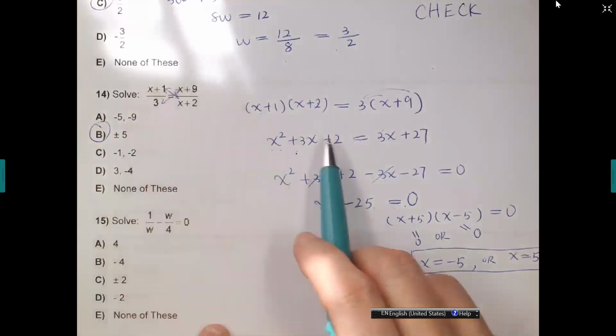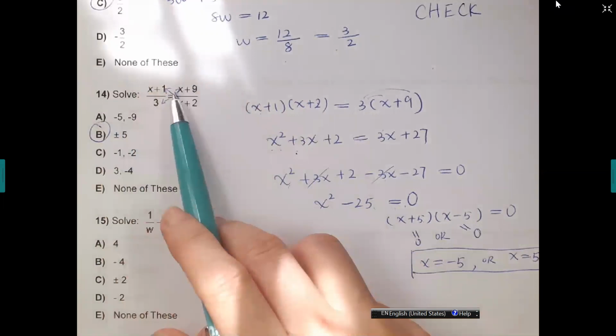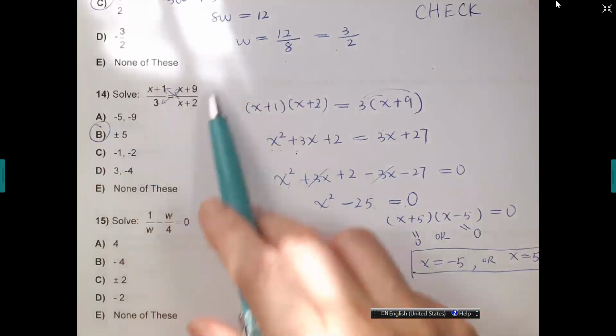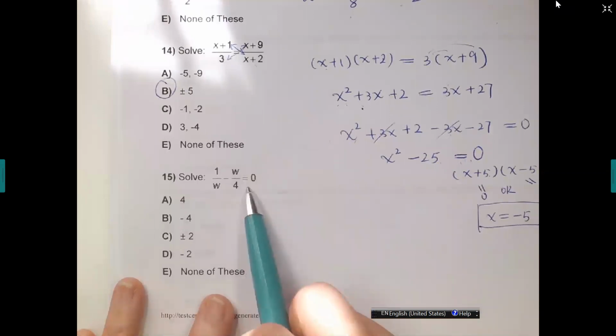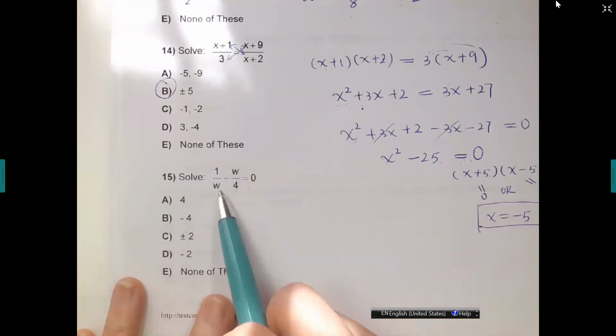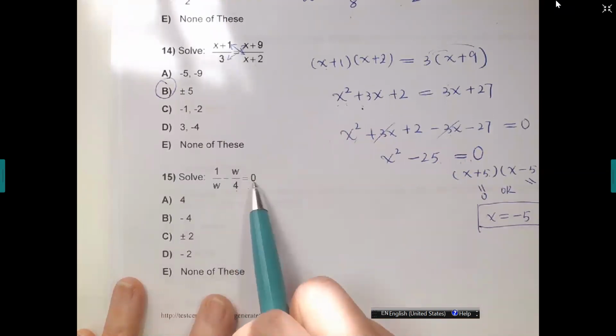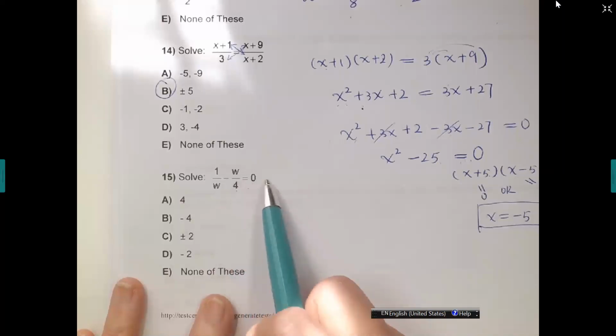Special rational equation: if we have one rational expression on each side, we just cross multiply. One more here. See this equation, I see two terms, and 0 here, and there are two ways. One way, look for the LCD and multiply everything by the LCD.